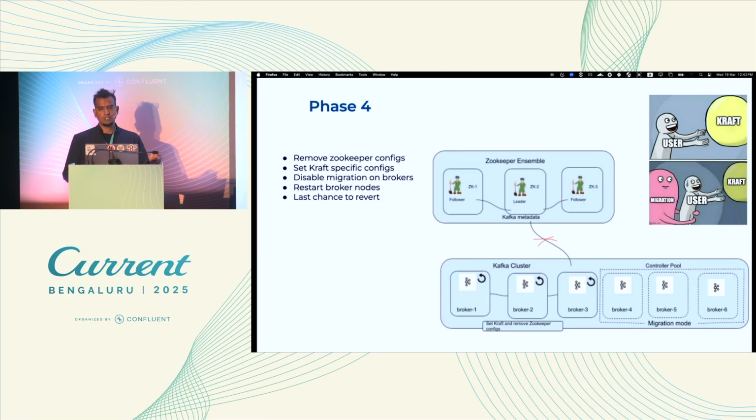It has lost its connectivity to Zookeeper, but the controller brokers are still connected to Zookeeper. And it's running in dual-write mode, wherein the controller still writes metadata to Zookeeper, and that is why this is the last chance to roll back if you really have to. So if you're facing any issues, if you try to troubleshoot but things are not improving, this is the phase where you can roll back. If you move on to the next phase, the rollback is not possible.